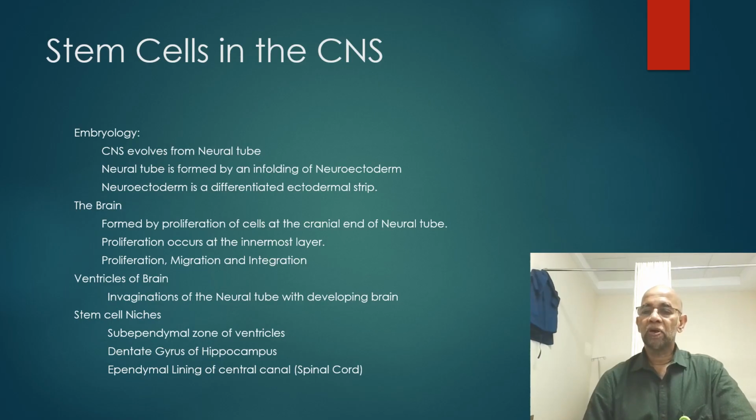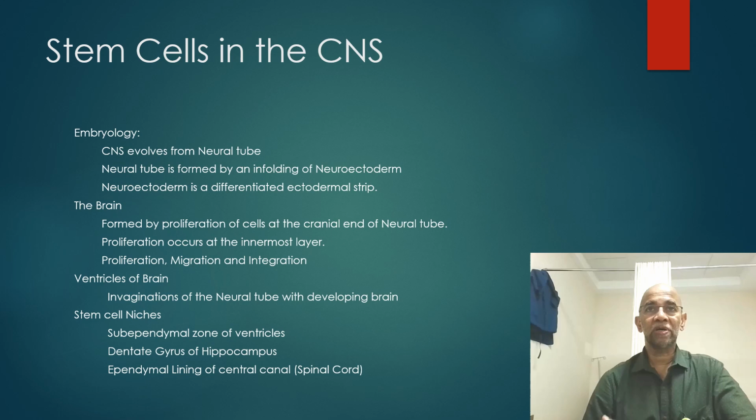Let us see the embryology of the central nervous system. The CNS evolves from the neural tube. The neural tube is formed by an infolding of neuroectoderm, which is differentiated ectoderm. The brain is formed by a proliferation of cells at the cranial end of the neural tube.